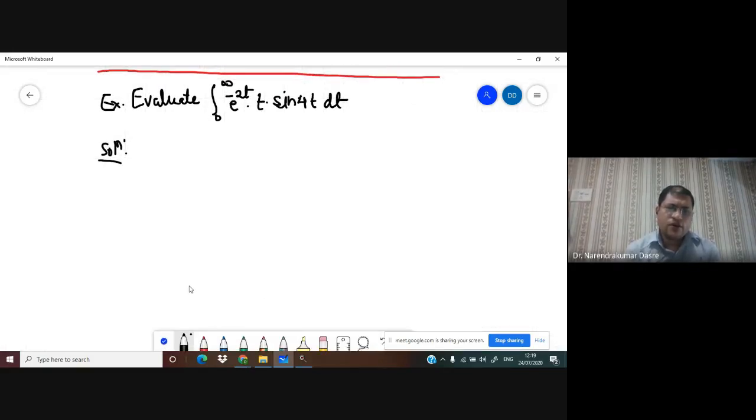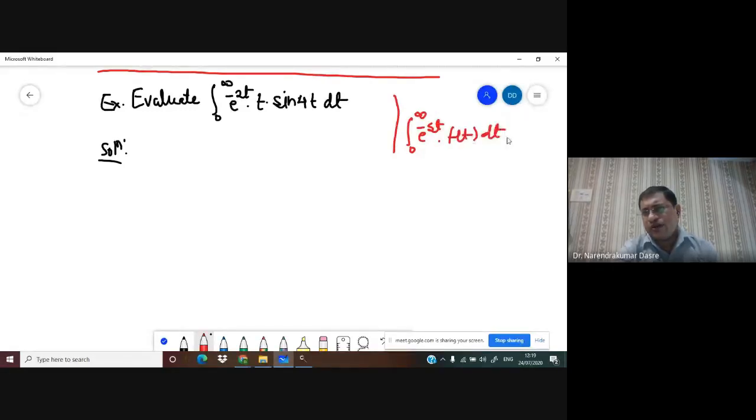Okay, now you can see we have three functions e raised to minus 2t, t, and sine of 4t. So we have the formula for u into v. We don't have the formula for u into v into w, and that's why this is a limitation. So by usual method, we are not able to solve this integral. But now, if I compare this integral 0 to infinity e raised to minus st f of t dt, this is going to be Laplace transform of f of t.